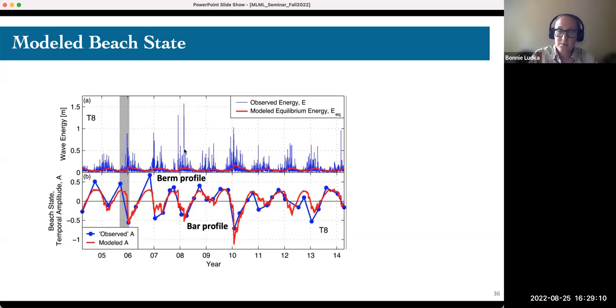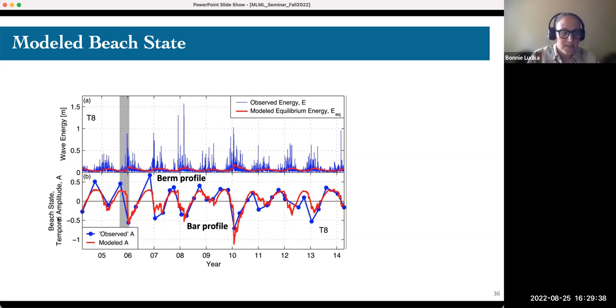Anytime the observed wave energy is lower than that equilibrium red line, you expect change toward a berm profile. Sorry, did I say that backwards? When it's higher, you expect change toward a bar profile, and when it's lower, you expect change toward a berm profile.